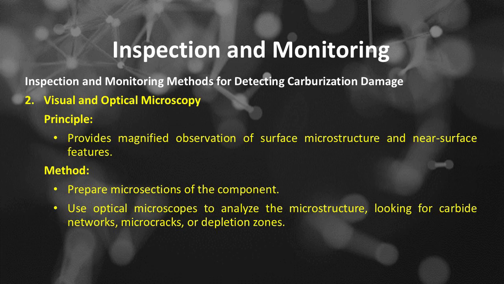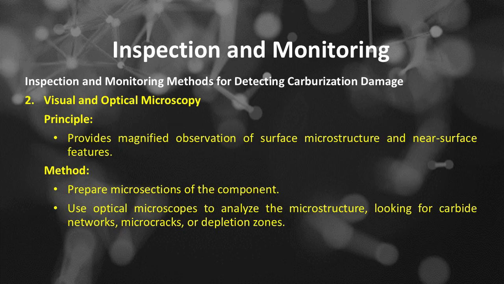Number 2 of inspection and monitoring methods for detecting carburization damage is visual and optical microscopy. Principle of visual and optical microscopy: provides magnified observation of surface microstructure and near-surface features. Method: prepare microsections of the component.